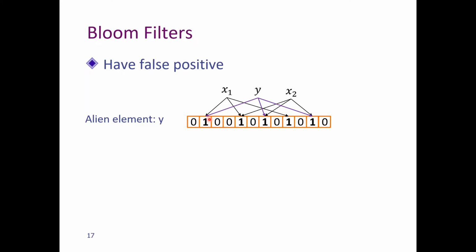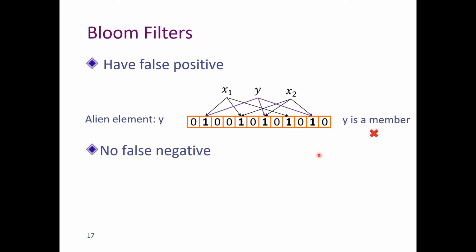They are ones not because y has been inserted, but because x1 and x2 are inserted, and y happens to have 3 collisions on those bits mapped by x1 and x2. So y is a really lucky guy. Based on the testing result, we conclude that y is a member, but it's actually not. So this is called a false positive.